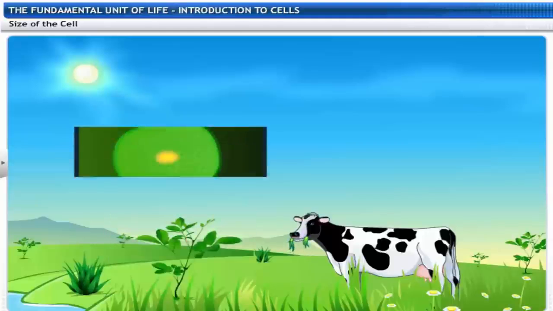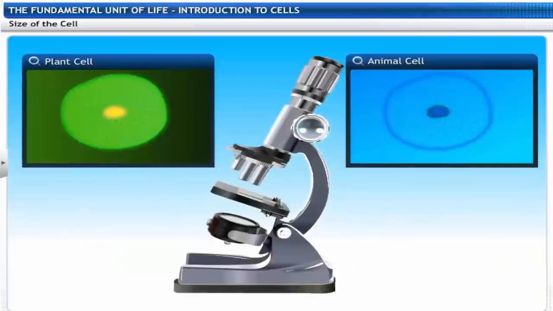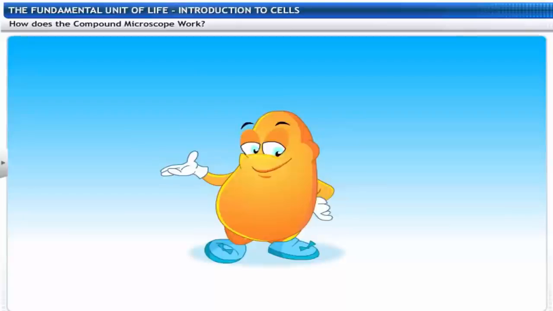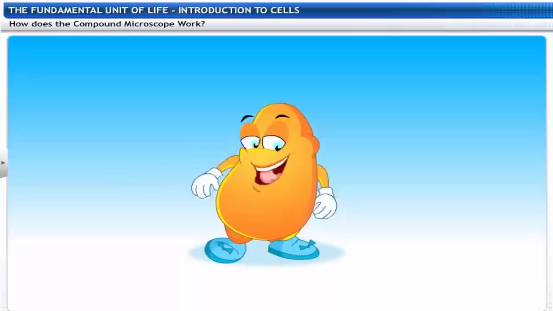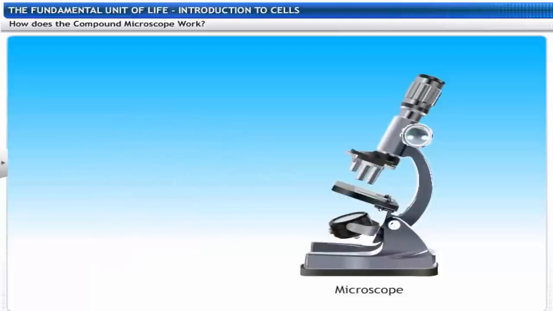Plant and animal cells are too small and visible only under a microscope. So, without the microscope, you would have never known me. That's why I consider the microscope to be one of the greatest inventions of mankind.